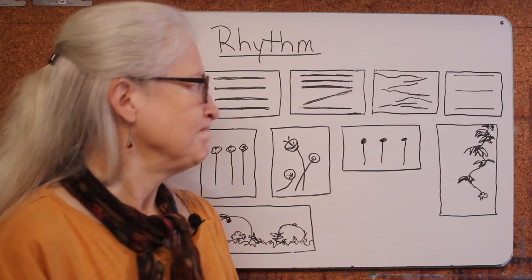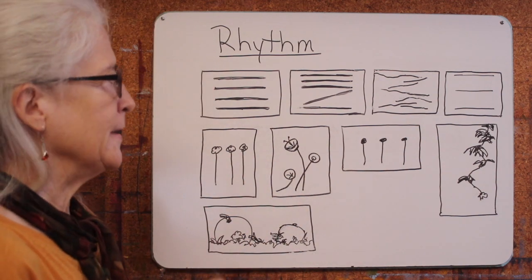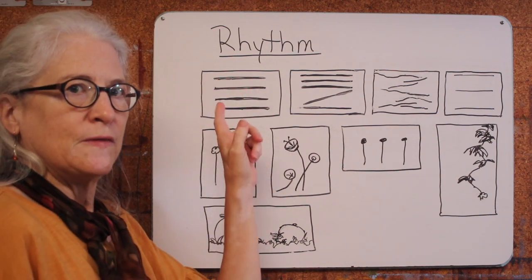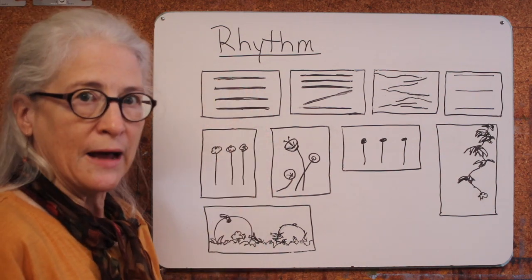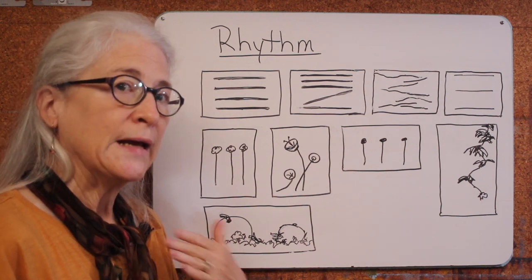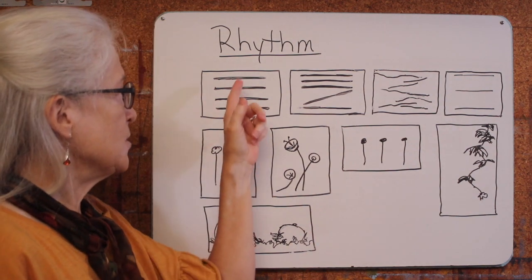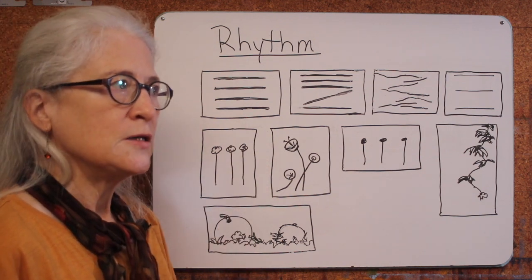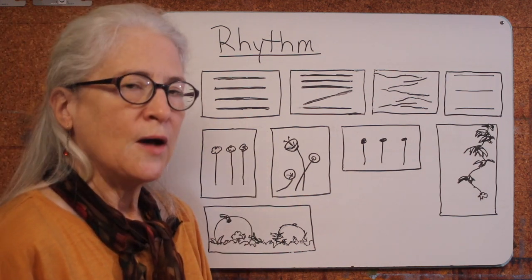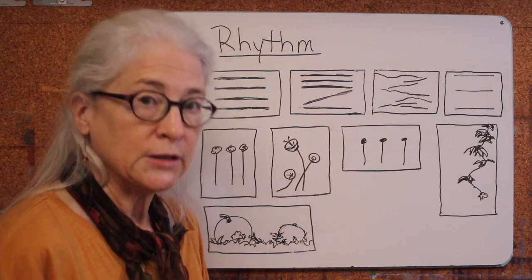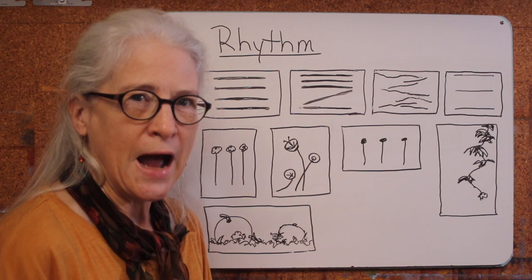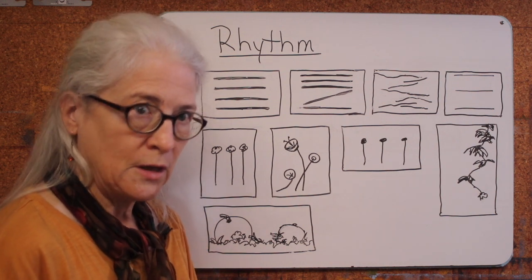Now, I've done some examples here, and I darkened this line. This is a valid composition, but it's not a very interesting composition. Everything is very, very equidistant. Also be aware that with composition, you are intentionally guiding the viewer's eye around the composition.